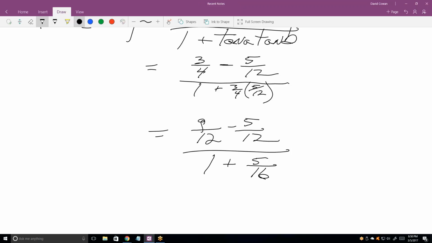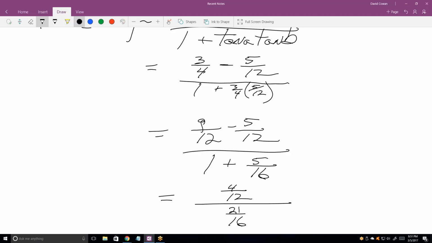What's the next step? Then it becomes 4/12 all over. Should we make the denominator a common denominator? You have to add 1 to 5/16, and you want it to be an improper fraction, not a proper fraction. So what's the new denominator? 21/16.